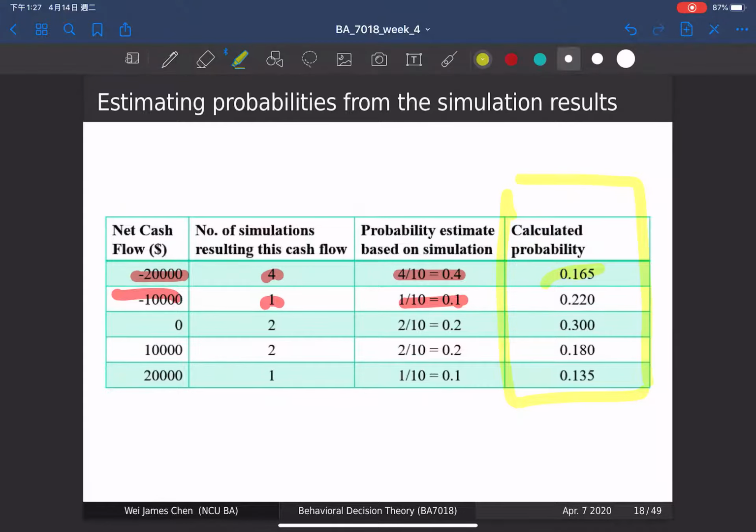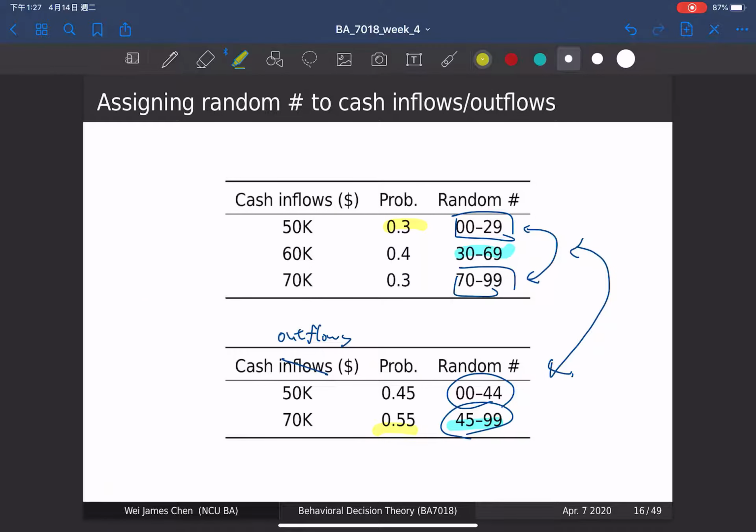For other numbers, it might be more tricky. For example, there are 2 cases where you can get a net cash flow of 0.